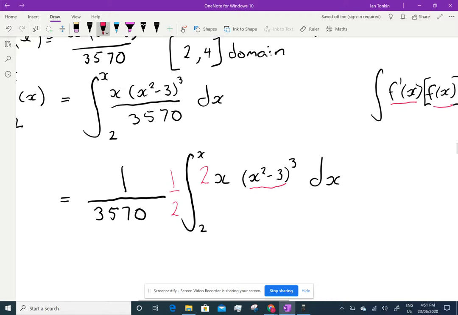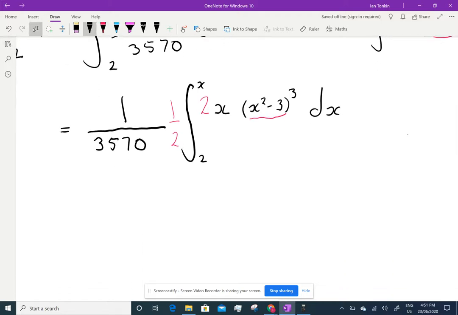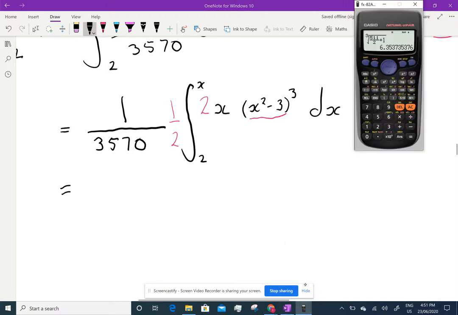So put it in, take it out, do the hokey pokey, and the integral will come out. So now I've got the derivative. Outside, I've got 2 times 3570, so 7140.